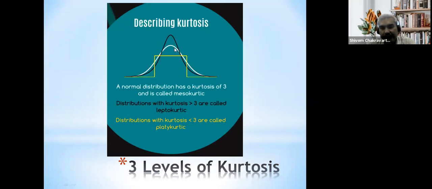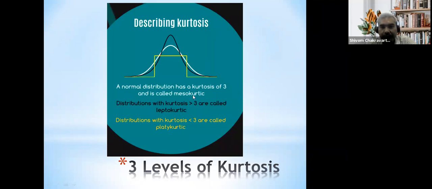As you can see, kurtosis and skewness are not related. What I am saying now is very important. Although we study kurtosis and skewness together most of the time, they are not related. Platykurtic data can have left skewness, right skewness, or no skewness. Leptokurtic data can have left skewness, right skewness, or no skewness, skewness 0.